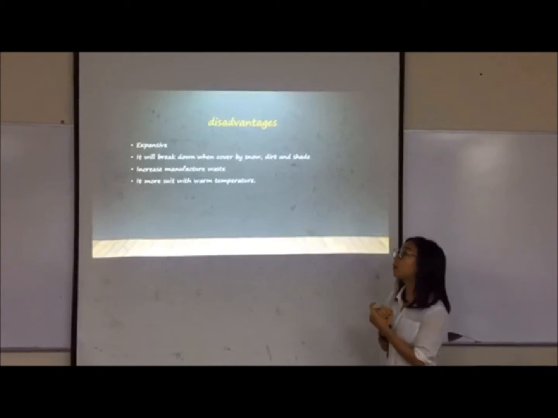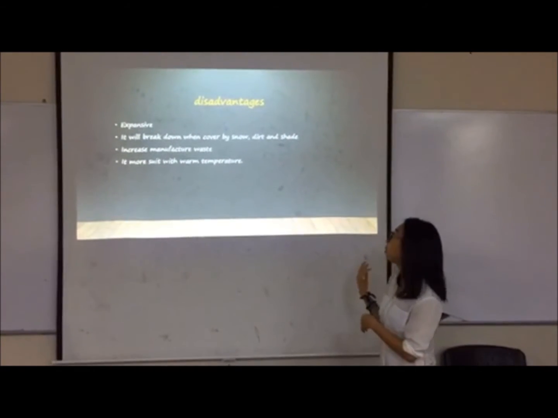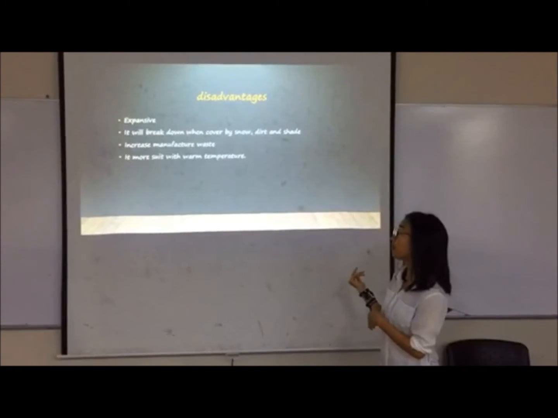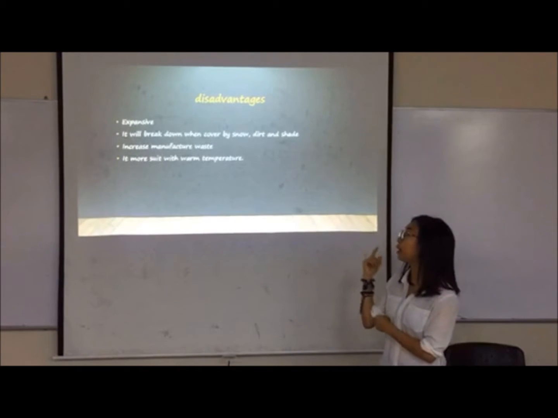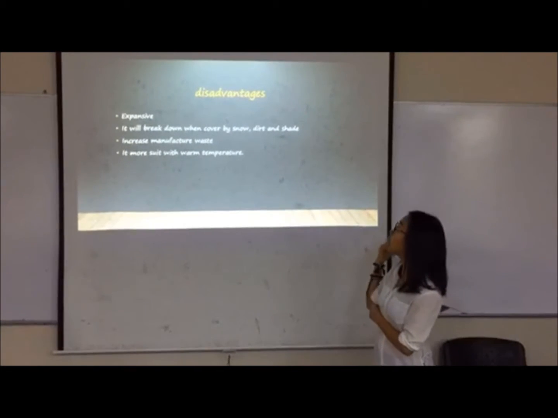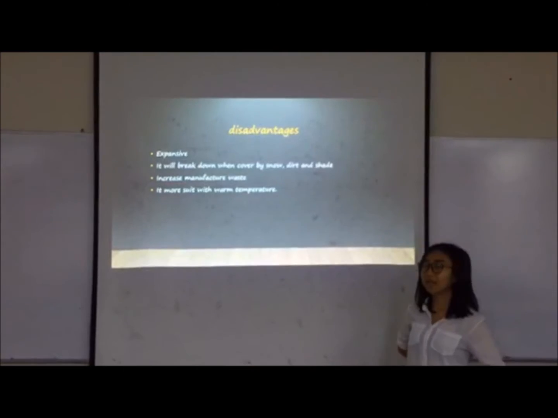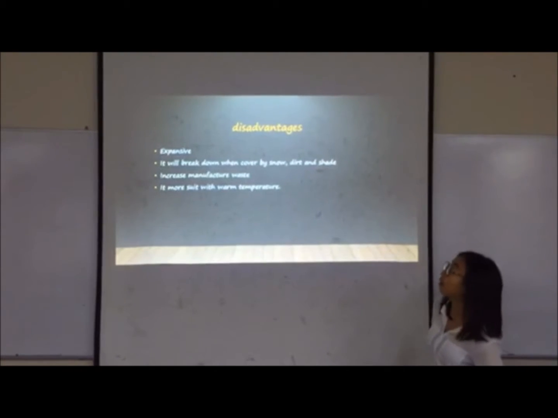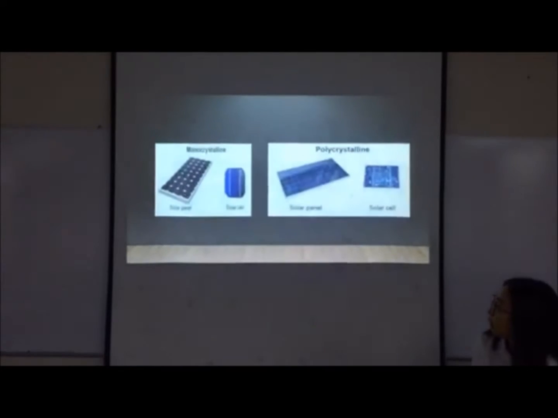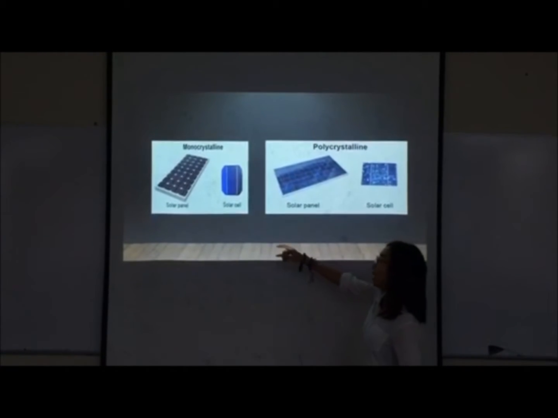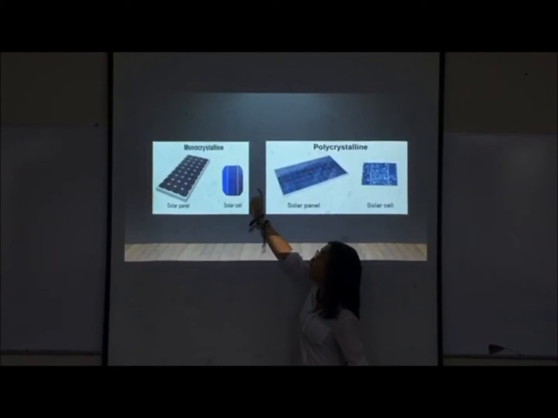Of course, the monocrystalline also has disadvantages. For example, it is more expensive and it will break down when covered by snow, dirt and shade. It also increases manufacturing waste. From here we can see that the edges of the solar cell are being cut.